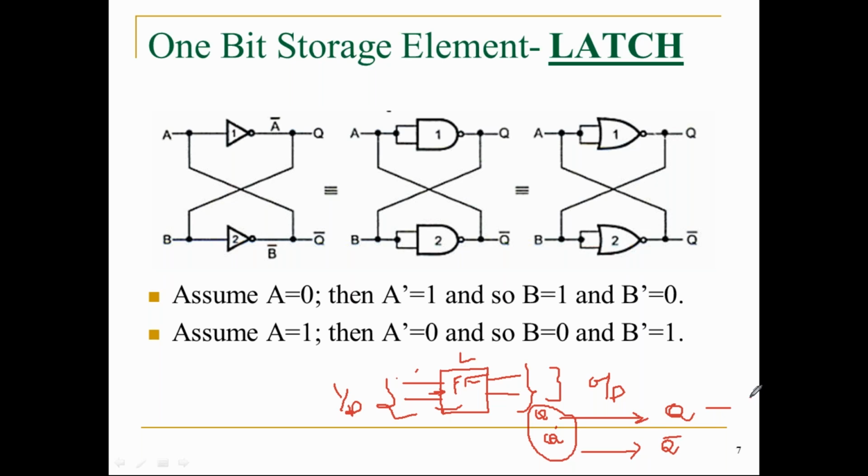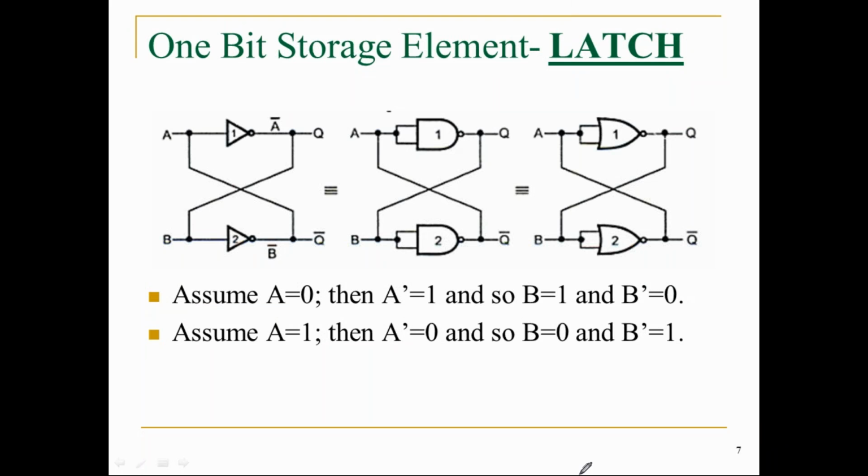In some other books this is mentioned as Qn and Qn plus 1. Both are the same. Don't worry, you will understand such things in forthcoming sessions. But now we are discussing the 1 bit storage element called a latch.